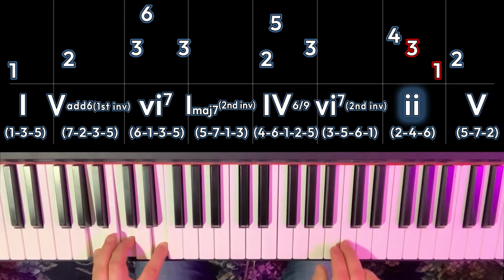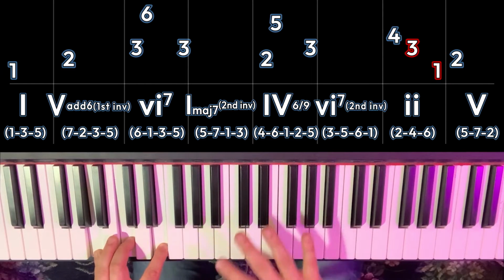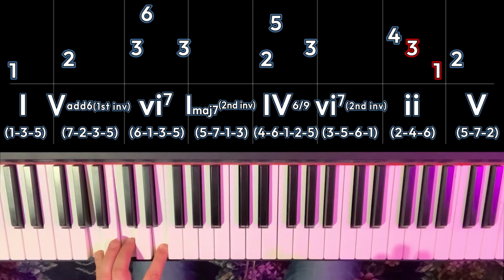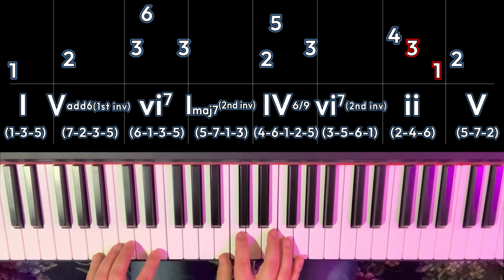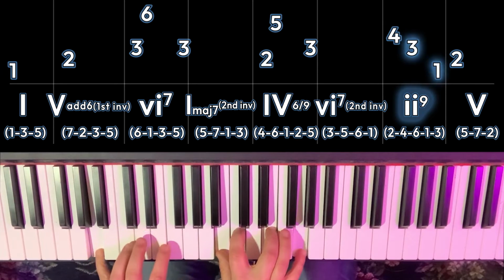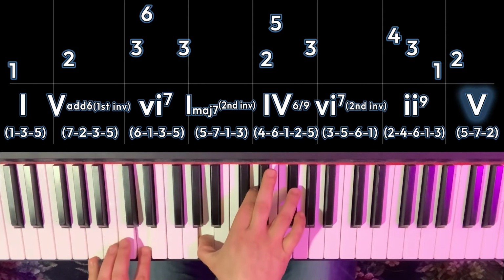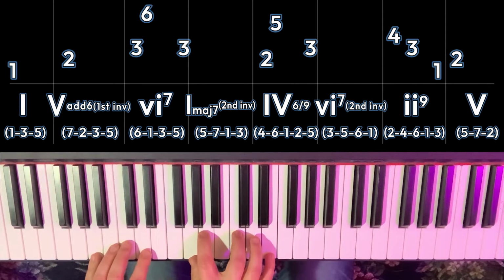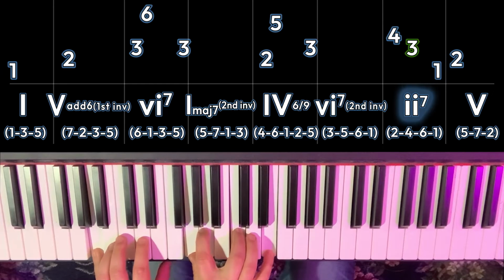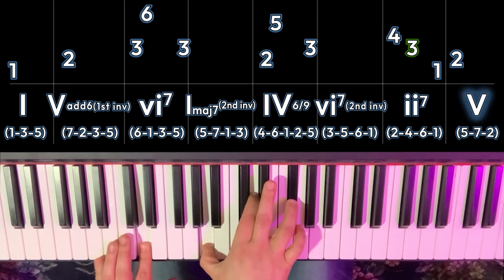Or they could be seen as changing the harmony, so you don't hear it just as a regular 2. You might be hearing it as a 2 minor 9, which does resolve very nicely to our 5 chord. You could also just play it as a regular 2-7, which moves nicely to our 5 chord.